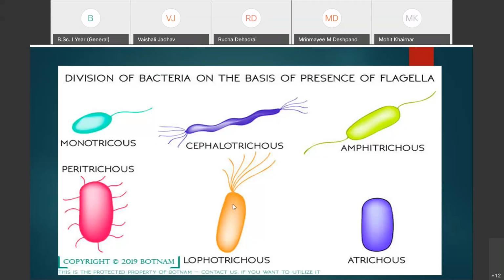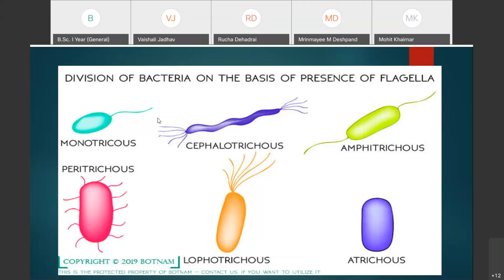And here you can see when a tuft, a large number of flagella, are present at one end only, these are said to be the lophotrichous bacteria. When a tuft of flagella is present, these are lophotrichous bacteria.